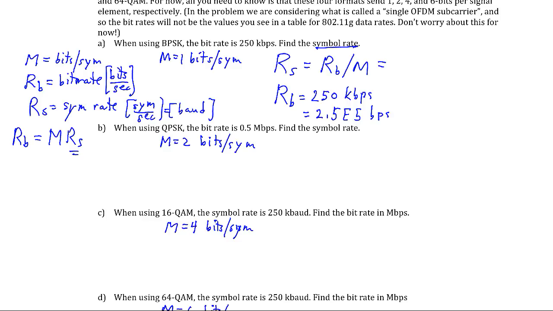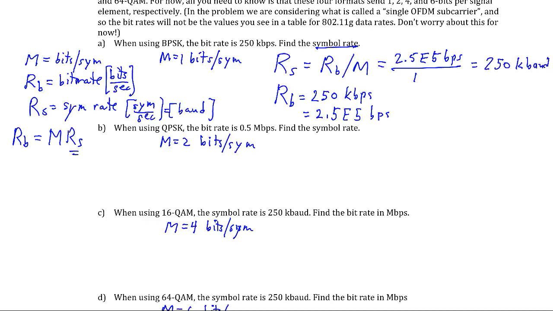And so we have 2.5 e to the 5 bits per second divided by 1, which is now in baud, or symbols per second, 250 kilobaud.